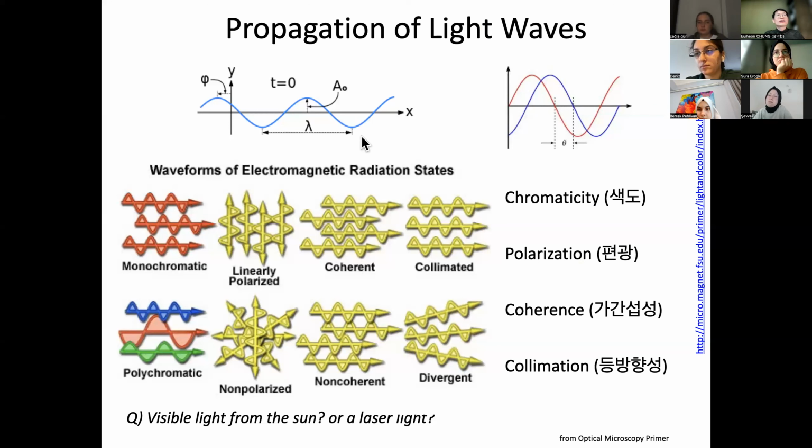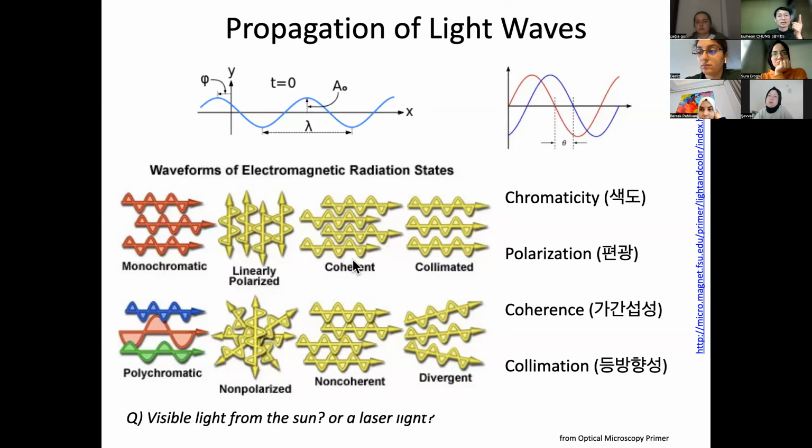One point about light waves is the wavelength, or on the other hand, the color. If it's the same color, we call it monochromatic. But sunlight is composed of, in fact, various colors, so we call it polychromatic. The invention of the laser actually made a big impact. That's why it got the Nobel Prize. Many of us in modern microscopy use lasers because we can create coherent light, meaning that the relative phases, or the wavefront phase relationship, can be well controlled.